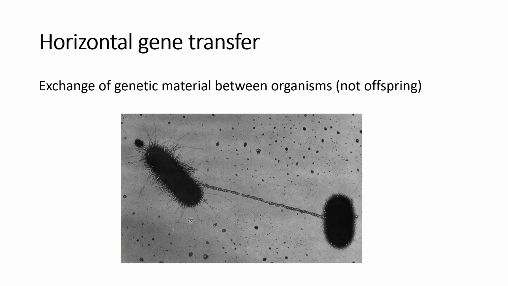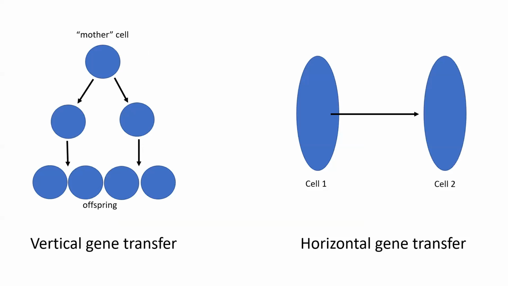This is not through the process of creating offspring, but it's where two, for example, different bacterial species will connect to one another and transfer their genetic information from one species to another. So when you see here, you can see the mother, quote unquote, cell, which will give rise to daughter cells, which will then give rise to offspring.